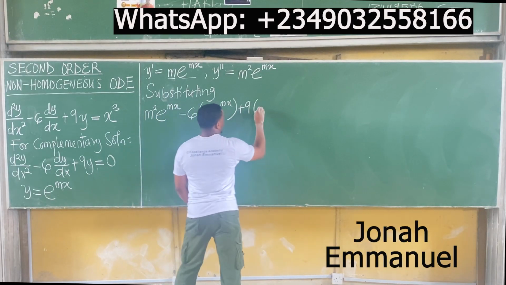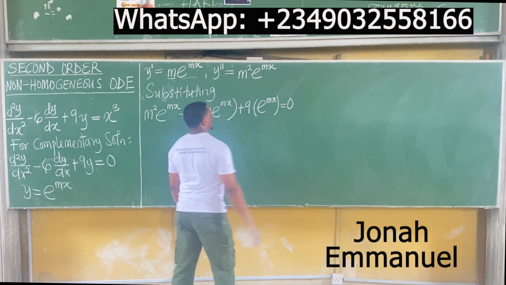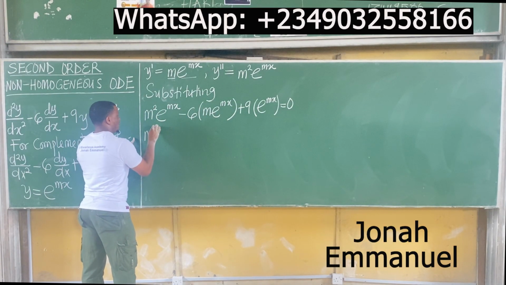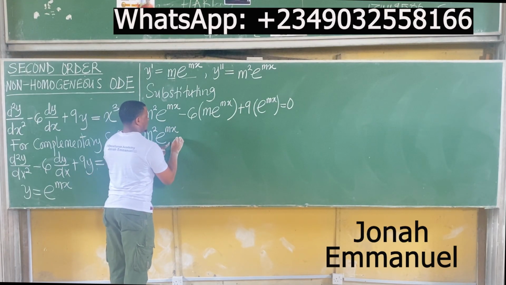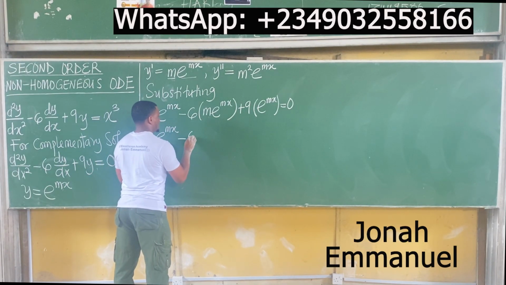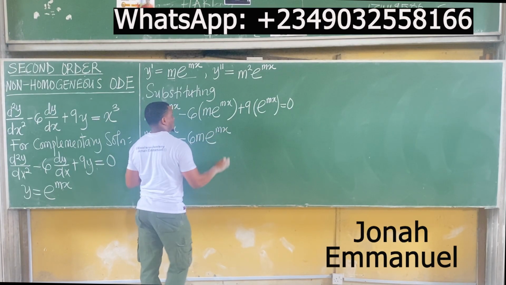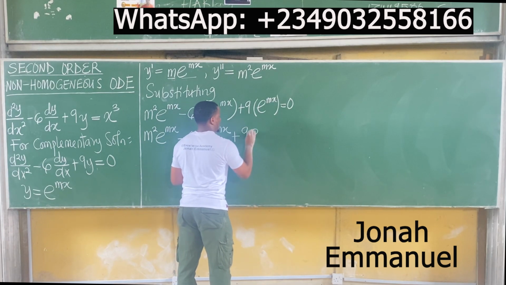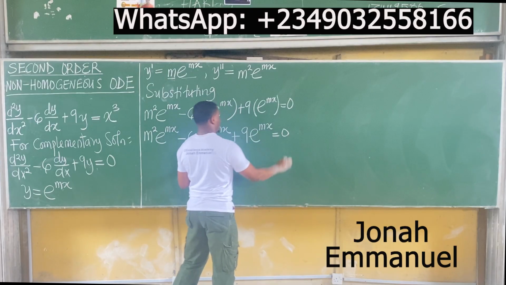Y is exponential mx. It's equal to 0. Let's expand this. This gives you m squared exponential mx minus 6m exponential mx plus 9 exponential mx. It's equal to 0.